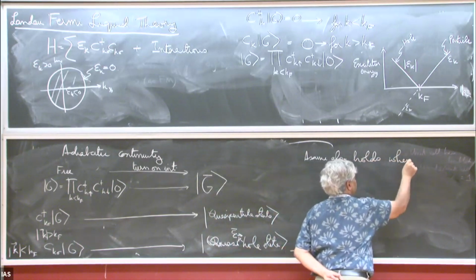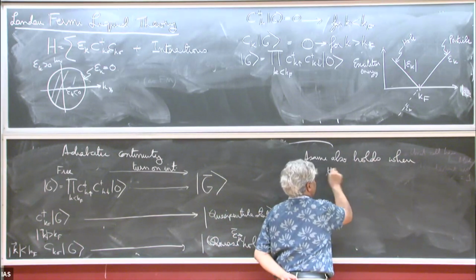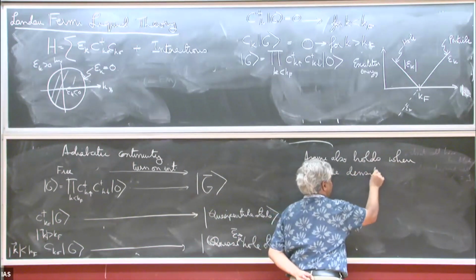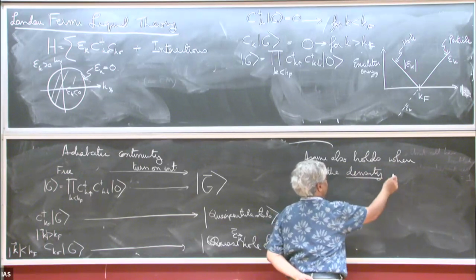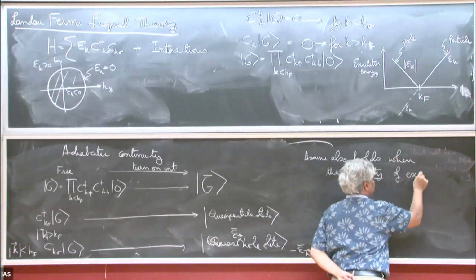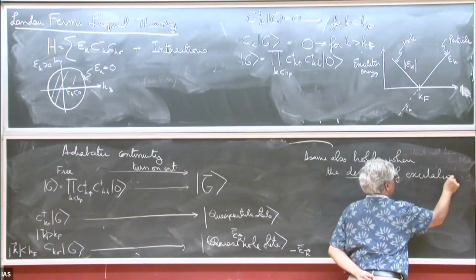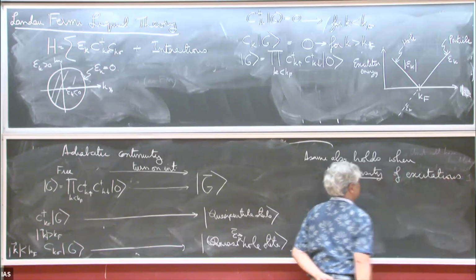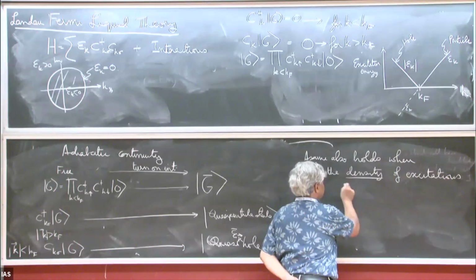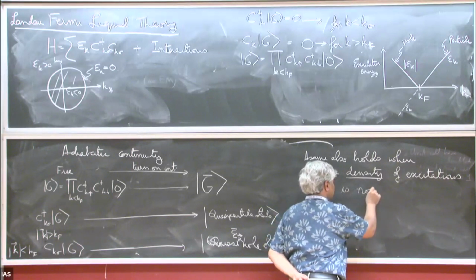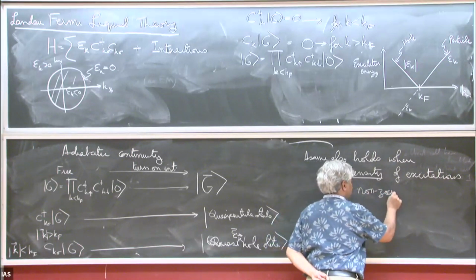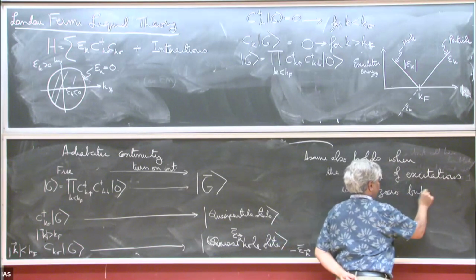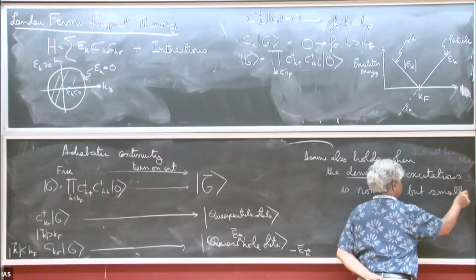When the density of excitations, the number of particles per unit volume, is non-zero but small in some units. Of course, we don't want to describe all possible excitations.